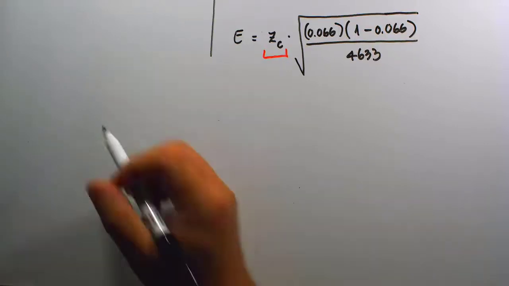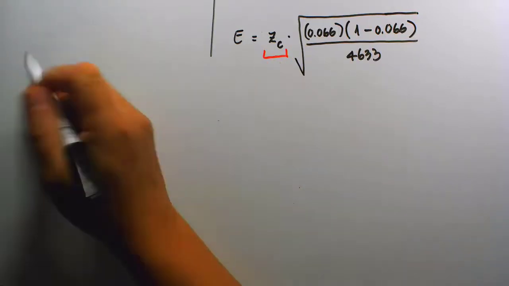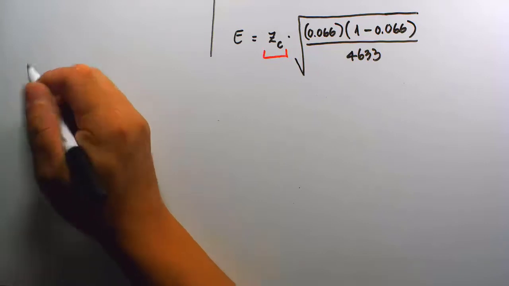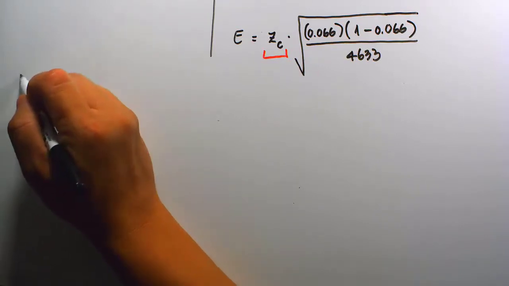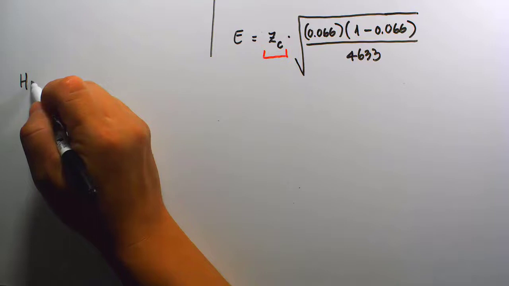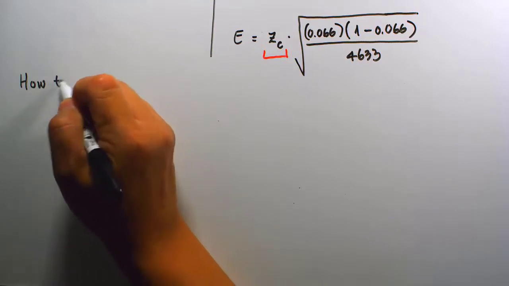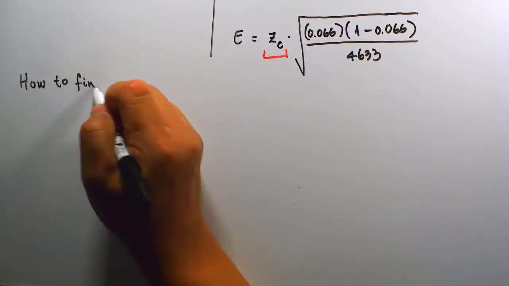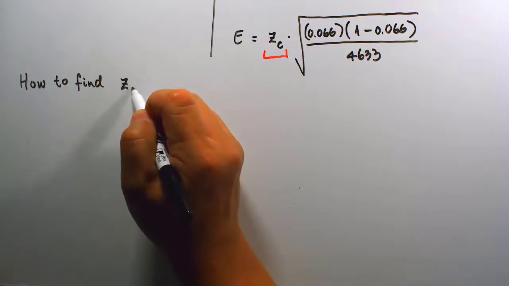All right, so let me now introduce how to find z sub c as a crucial part of our margin of error formula. So, how to find the z sub c value.